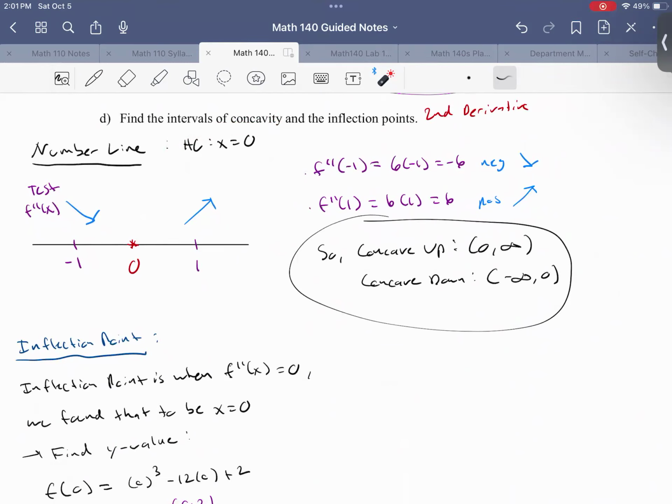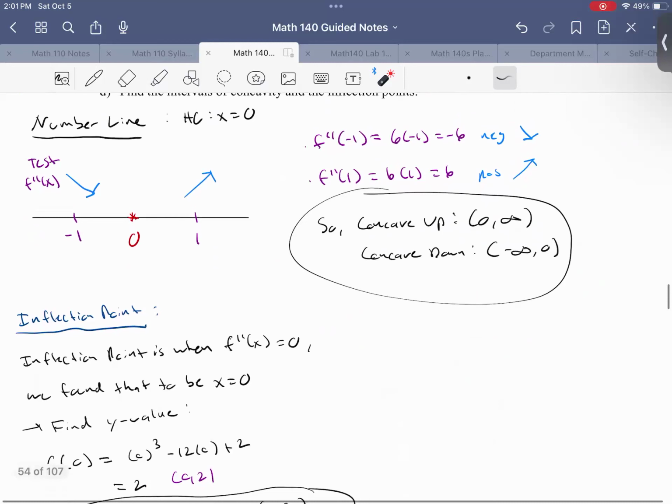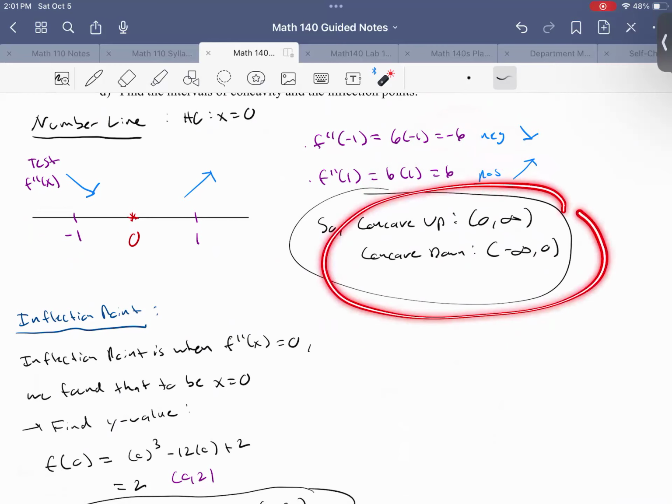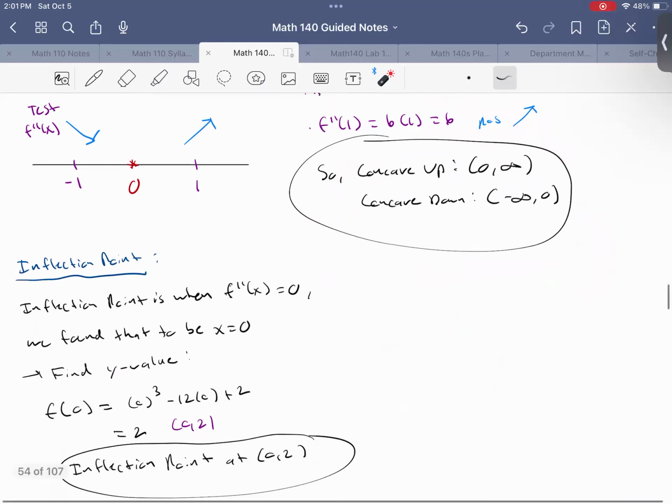Those are just easy numbers to work with. You could have picked whatever, -2, 2, -10, whatever. But then you just test those points to see what you get. So I got a negative number for -1. So that means we're concave down, and a positive number for 1, so you get concave up. So concave up from 0 to infinity, concave down from -infinity to 0.